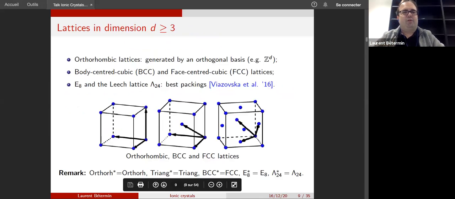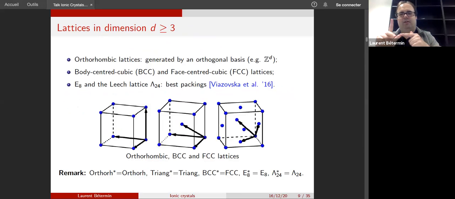Then you have something called orthorhombic lattices, which are the ones generated by orthogonal vectors, so that's the dilation of Z^d in different orthogonal directions, like this one. And the BCC and the FCC lattices, body centered cubic and face centered cubic. The body centered cubic is here, body centered because there is a particle, a point, in the middle of the cube, and face centered because the faces of the cube are also counted here.